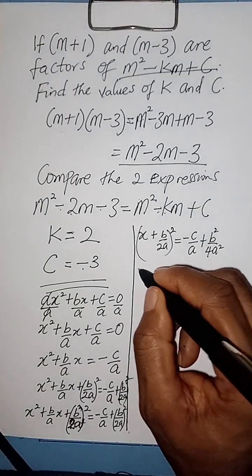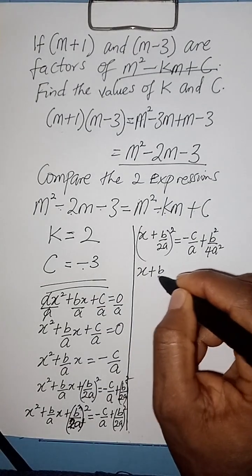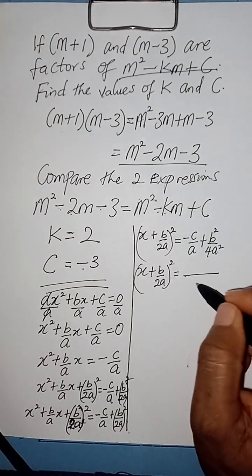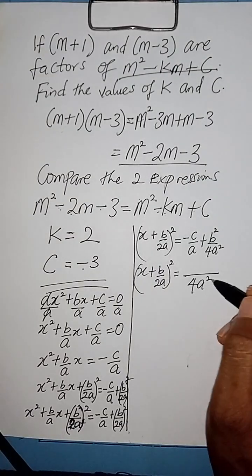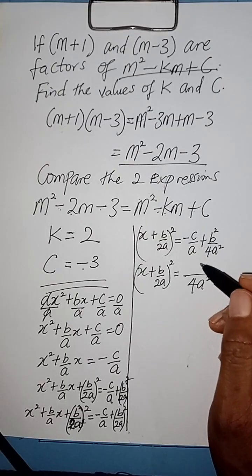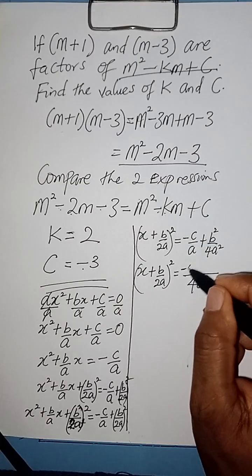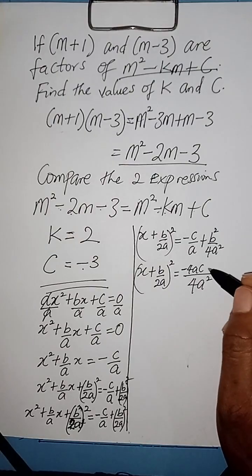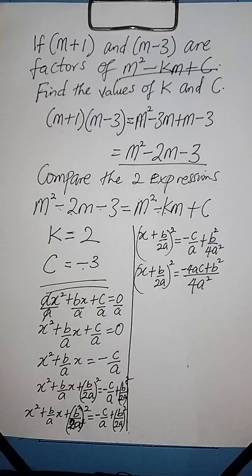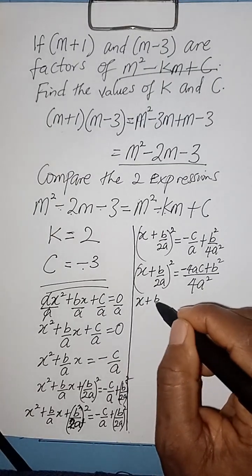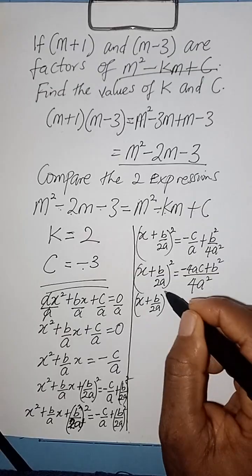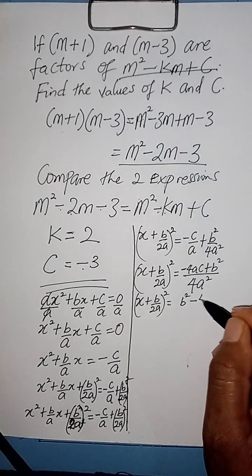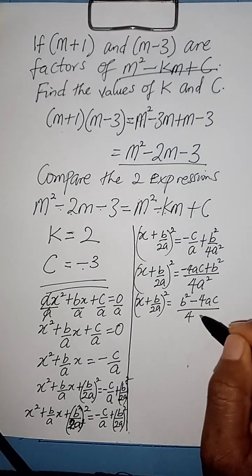You will know the reason why as we solve on. The LCM is 4a squared. 4a squared divided by a is 4a, times minus c gives minus 4ac. And 4a squared divided by 4a squared is 1, plus b squared gives plus b squared. So x plus b over 2a all squared is b squared minus 4ac over 4a squared.